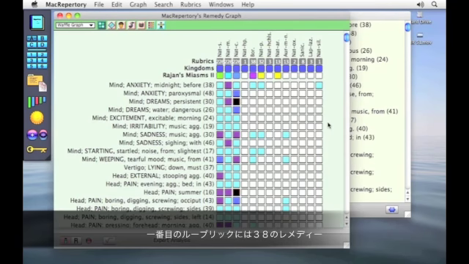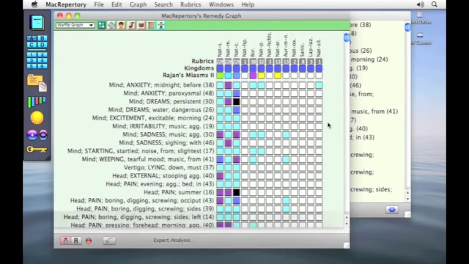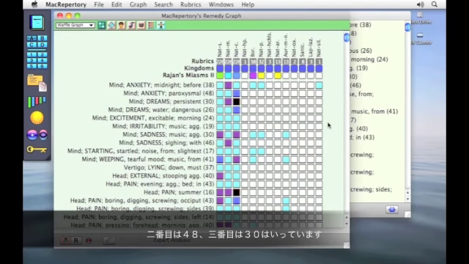You can see the first rubric has 38 remedies, the next 48, the next 30. It'd be interesting to have the ones first that have the smallest number of remedies, in other words, the highest proportion of natrums.